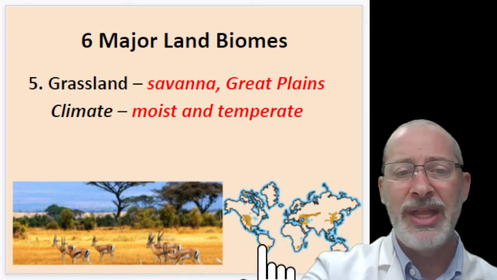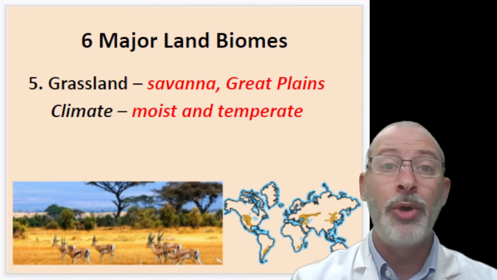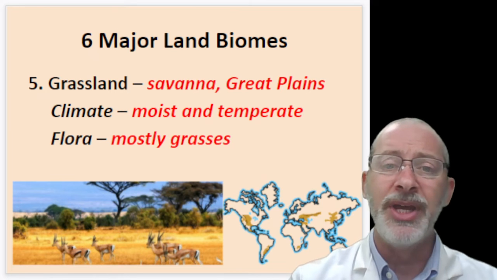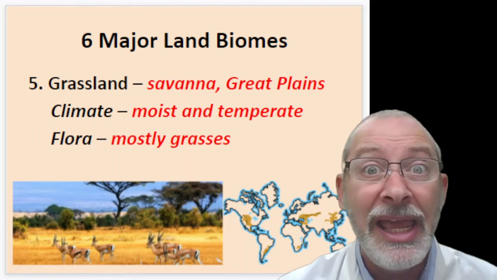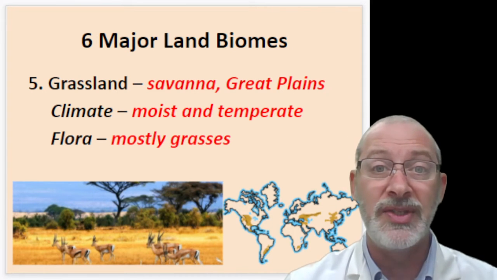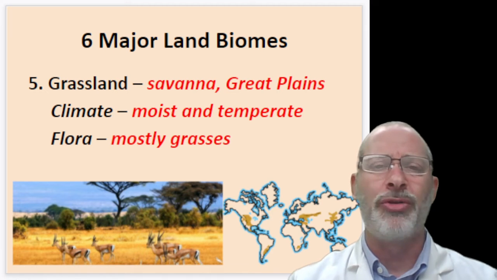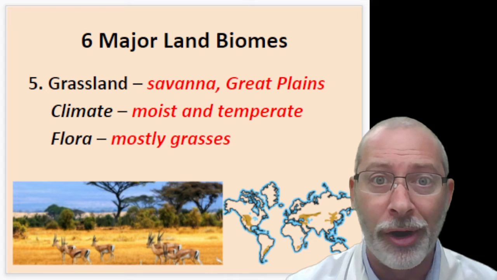In fact, grasslands are found pretty much in most places or most continents on planet Earth. The dominant flora, as you can probably guess from the name, are grasses, different types of grasses. Now, when we talk about grasses in the grassland biome, we're not talking about your front or backyards.